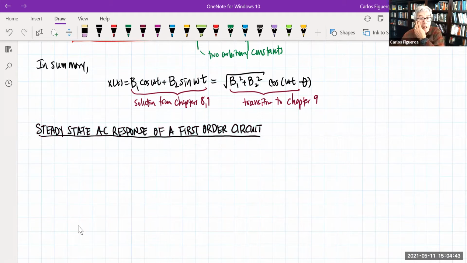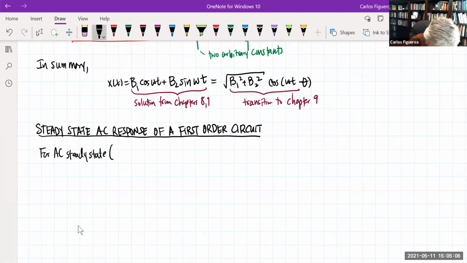Okay. So what I want to do here is apply these techniques to a first order RL circuit. So here we start. Remember, we're going to look at AC steady state. For AC steady state, remember what I mean by that: the natural response has died out.